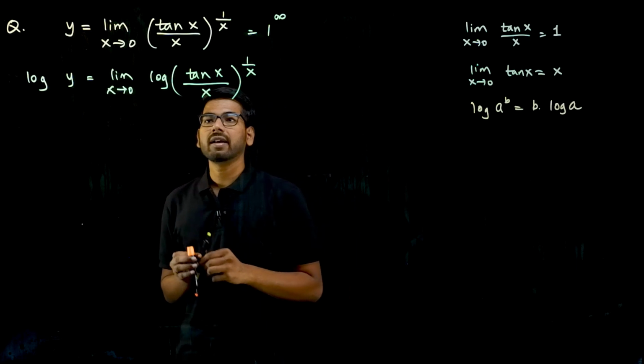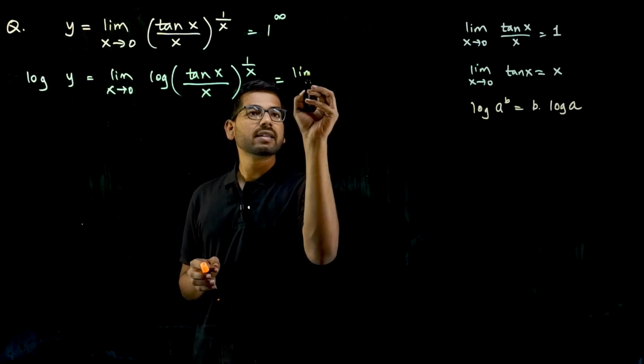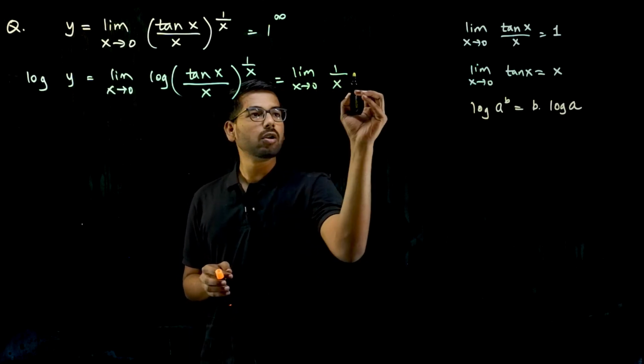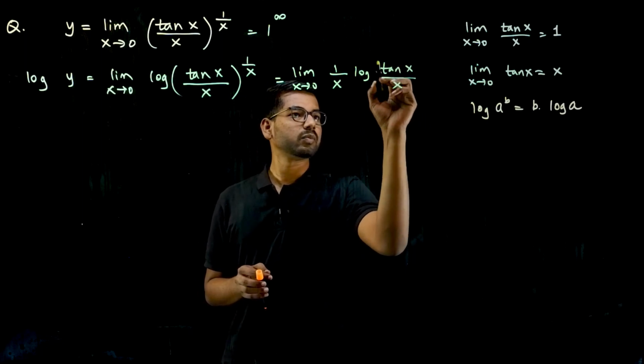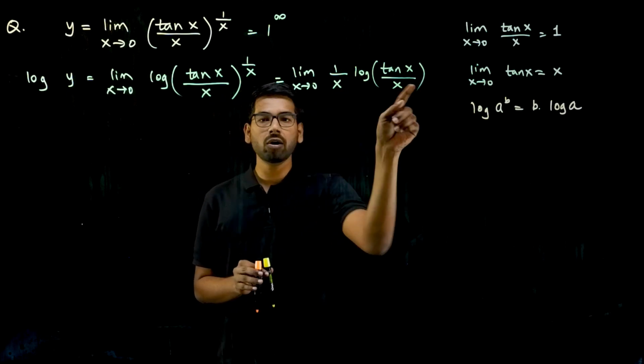So I can write this as limit x tends to 0 of 1 by x times log of tan x by x.